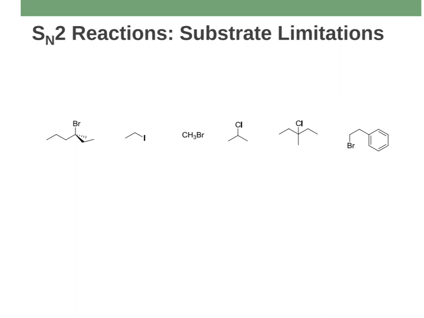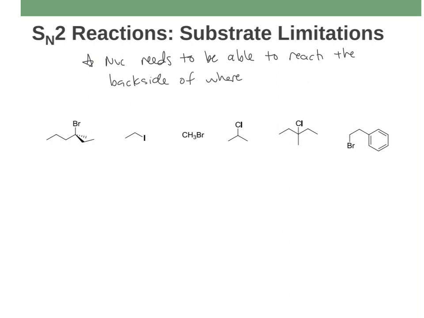Remember on that previous slide, we had to come in and do that backside attack. And so my nucleophile needs to be able to get to that backside. It needs to get to that sigma star lobe in the backside of whatever your leaving group is. So let me just write out what I just said there: the nucleophile needs to be able to get to the backside, the backside of where the leaving group is.